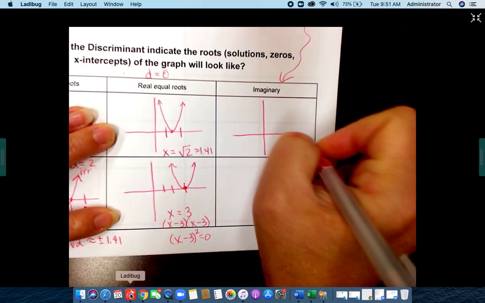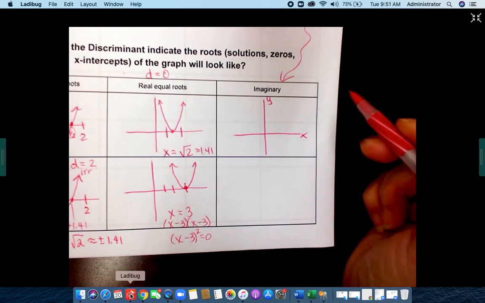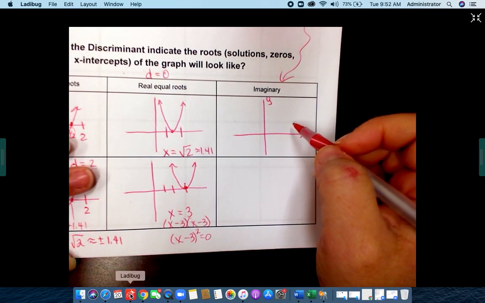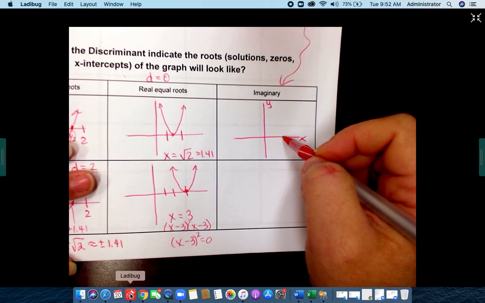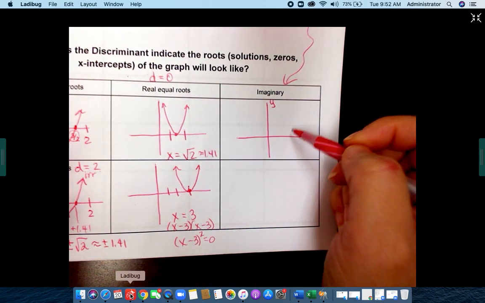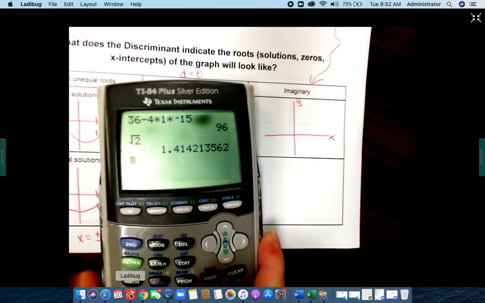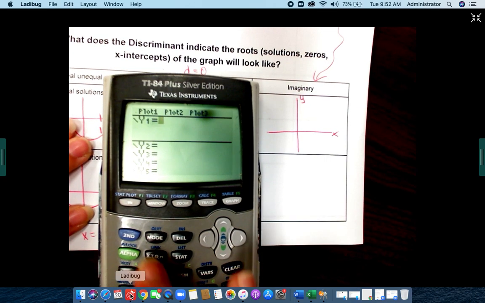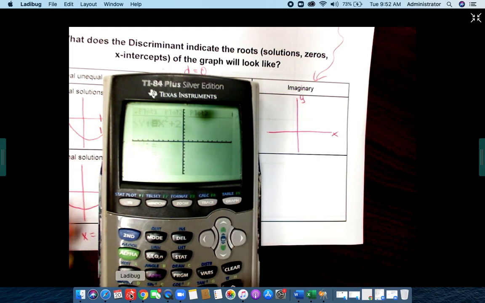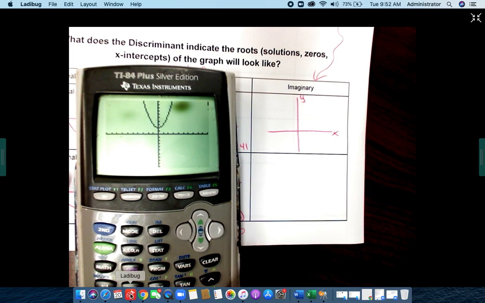So we know that on an x-axis and a y-axis, you are either going to see them hit the x-axis or not at all. So if we were to graph, say, the function x squared plus 2, when I graph it, that doesn't hit the x-axis at all.